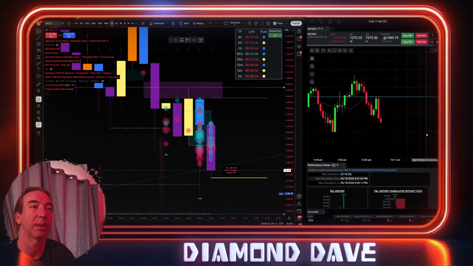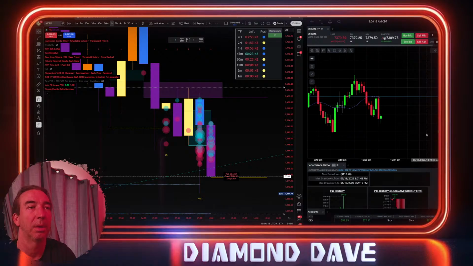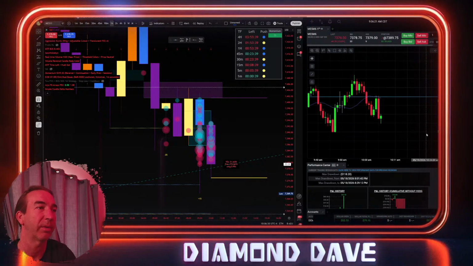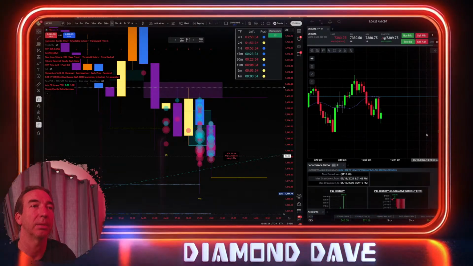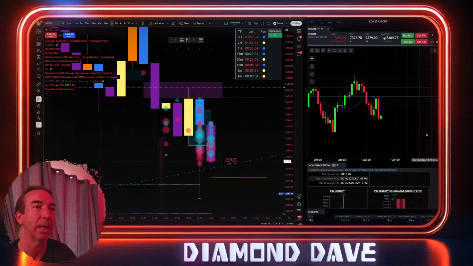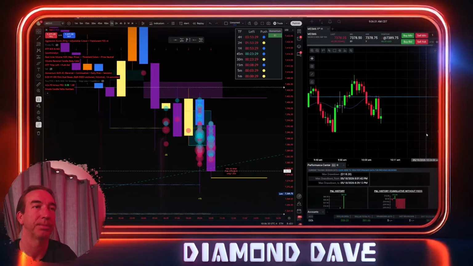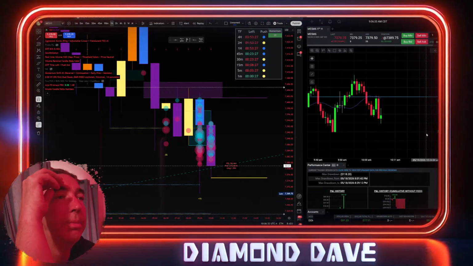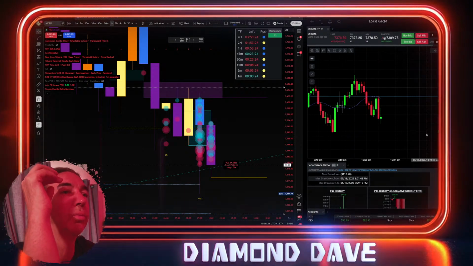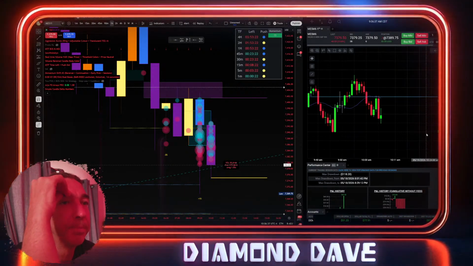I'm feeling better about this. This time it needed that little pullback into the fair value gap. We are on that trend line now. Risk-free trade.